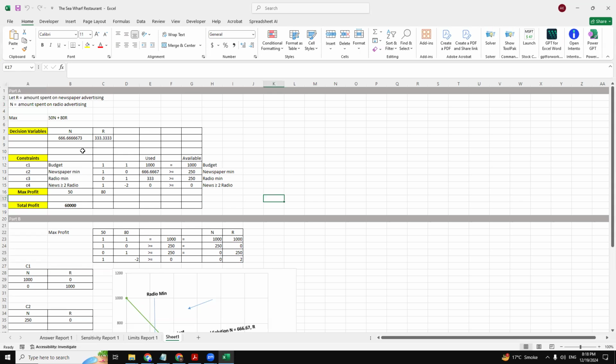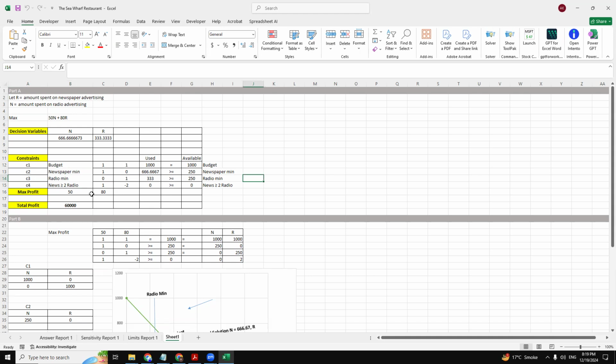All of them are captured from Excel Solver. These are the constants they have provided, C1, C2, C3, and C4, for the budget, newspaper minimum, radio minimum, and newspaper being greater than or equal to twice radio. These are all four constants that I have derived from the question itself.